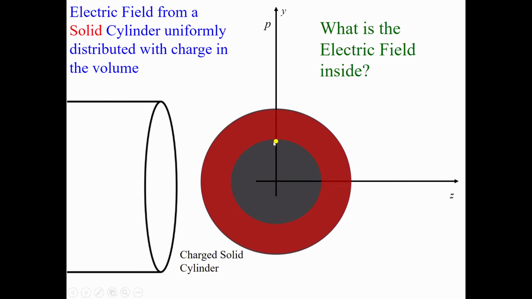But you do understand though, at this point P, we're on the outside of this cylinder. And so the way we would calculate it is just based on the amount of charge that's inside here, in the gray part. And that's really just geometry, how to calculate this.